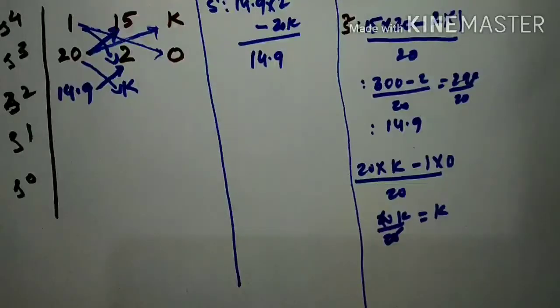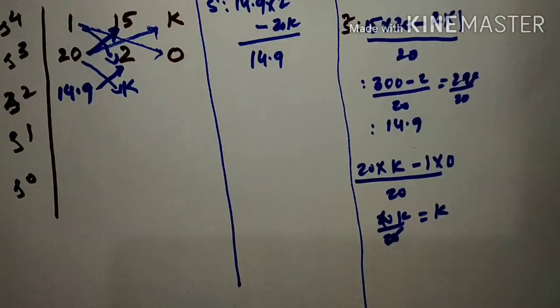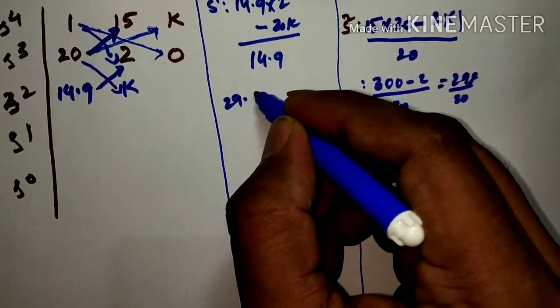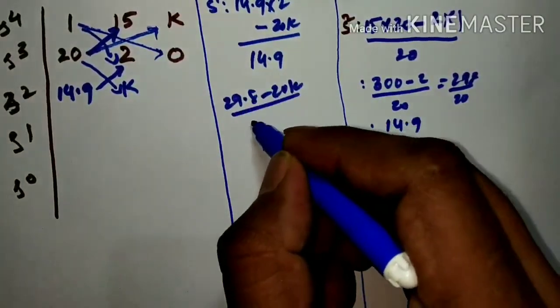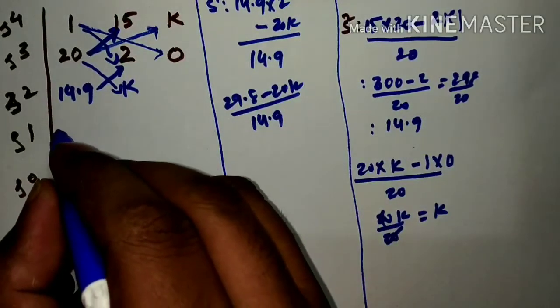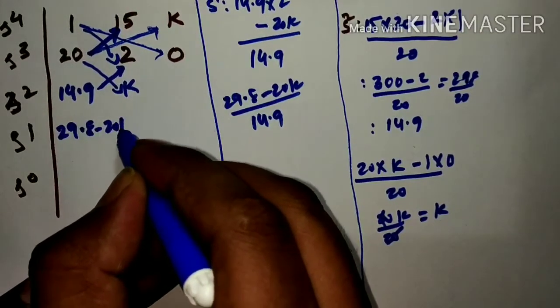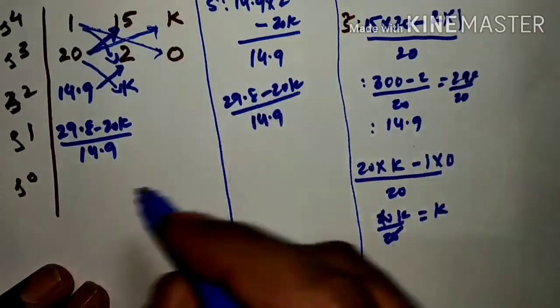We just multiply 14.9 into 2, so you will get 29.8. So it is 29.8 minus 20k by 14.9. I'm just going to write it here: 29.8 minus 20k by 14.9. The further value becomes 0.